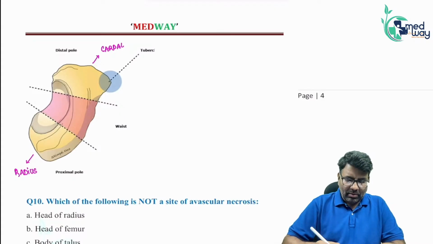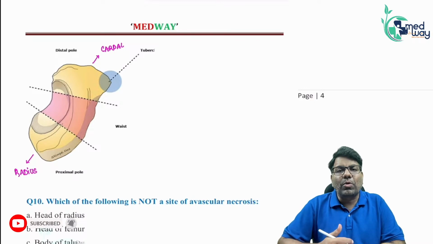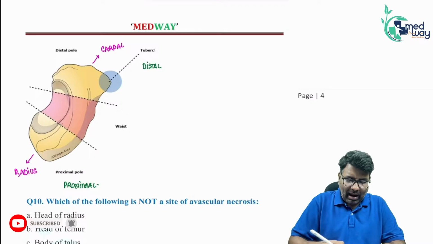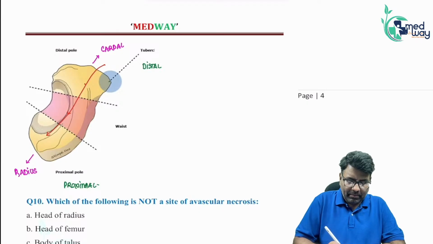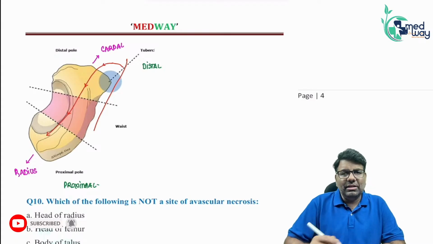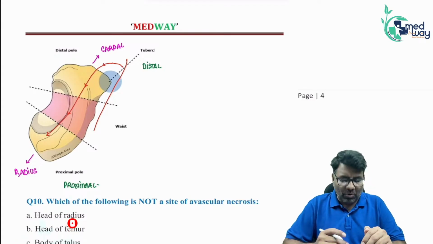So what I mean to say is that the arterial supply is distal to proximal, because this part is distal and this is proximal. So the arterial supply travels like this, right? Something like this. Okay?